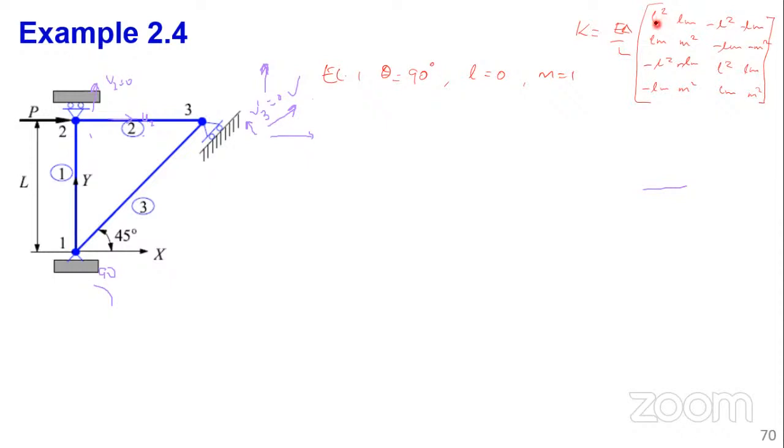Anything multiplied by 0 is 0. So this becomes 0, 0, 0, 0. Okay. So here you can comfortably say K1 is equal to E1 A1 over L1 times this matrix. And maybe at this stage, we can even factor in the values of E and A. I don't think it's much of a hassle now because we are already given these.